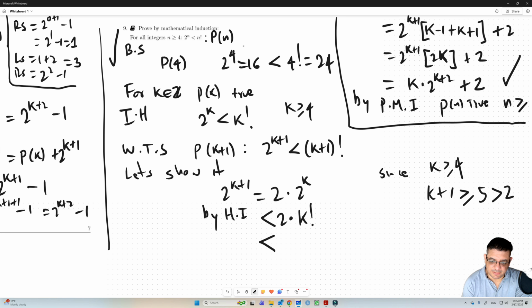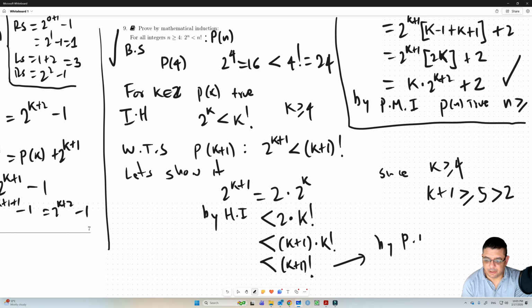So because of that, then 2 is less than k plus 1, so this is less than k plus 1 times k factorial, or less than k plus 1 factorial. And so here, I just proved what I wanted to show. So by principle of mathematical induction, P of n is true for n bigger than 4.